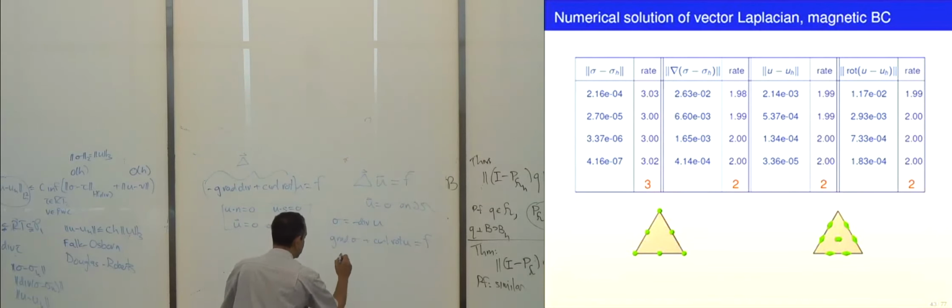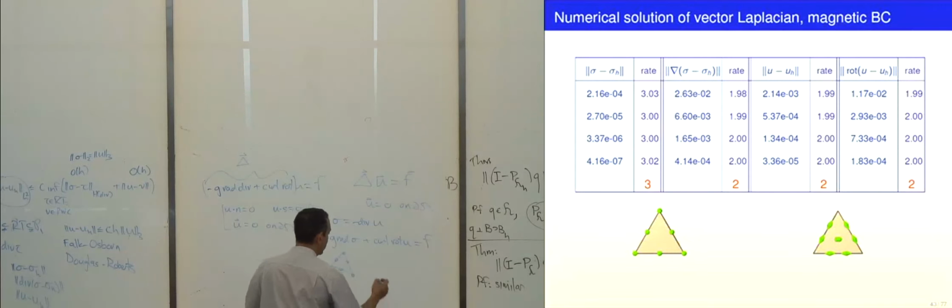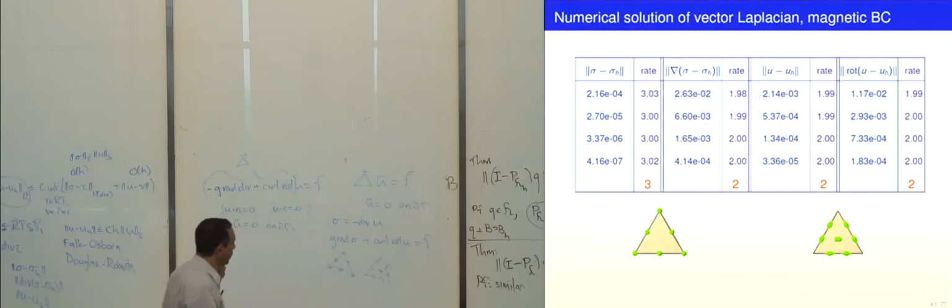And let's approximate sigma by a quadratic, and let's approximate u by a Ravi-Thomas. And of course, put in the appropriate boundary conditions.